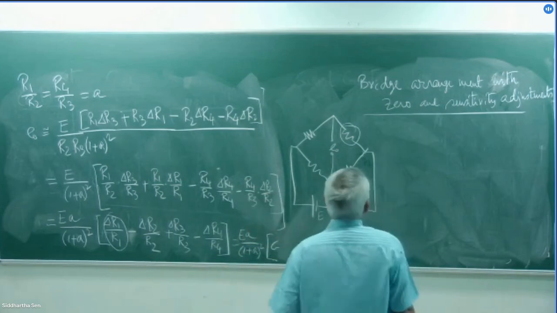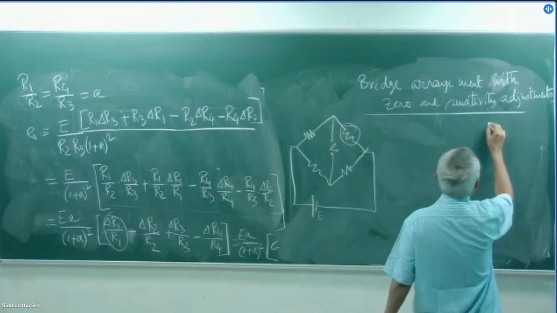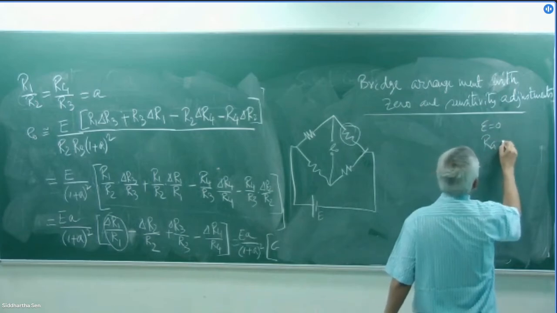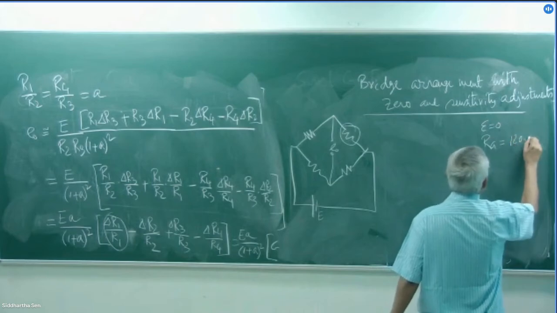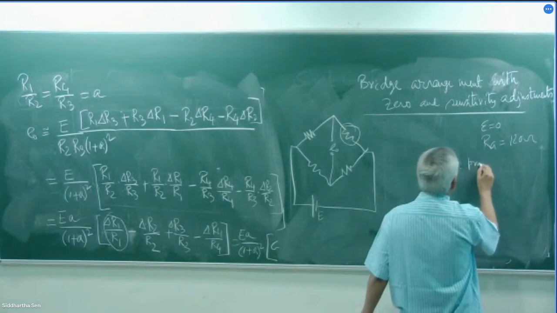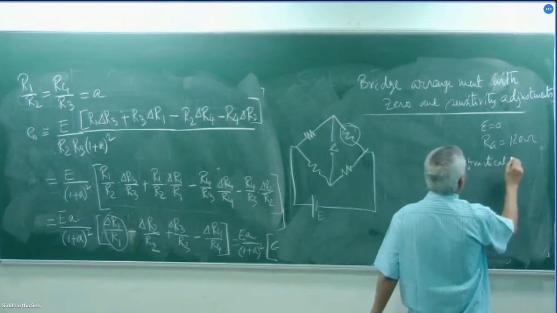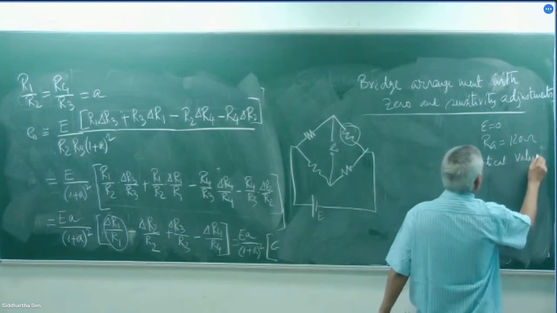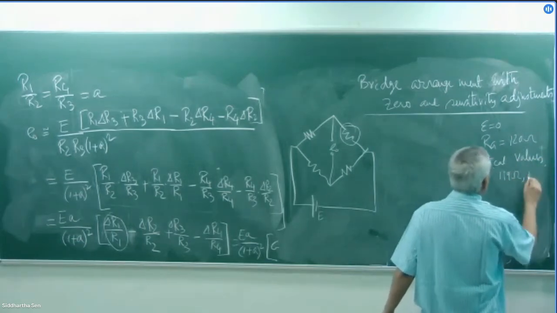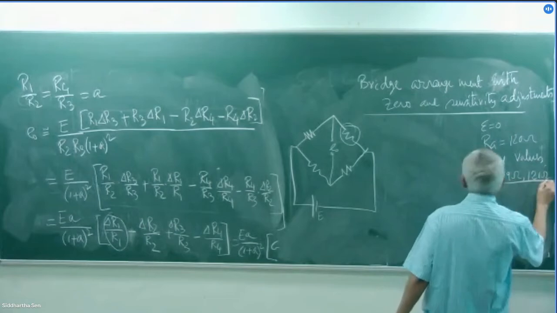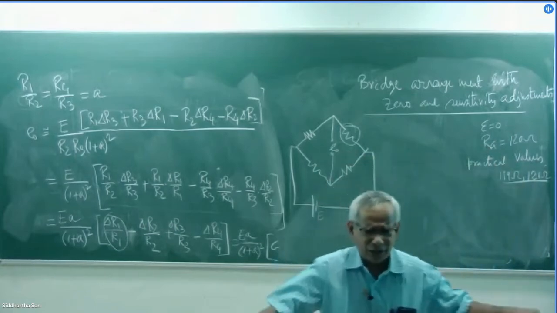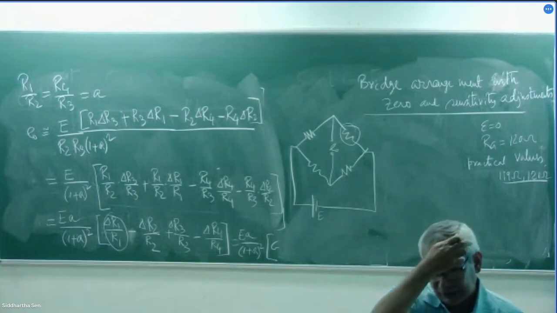But as I know, with epsilon equal to 0, the resistance of the gauge, say, is 120 ohm, but the practical value may be 119 ohm or 121 ohm, because, as I already mentioned in the last class, there could be plus or minus 1 ohm variation there.